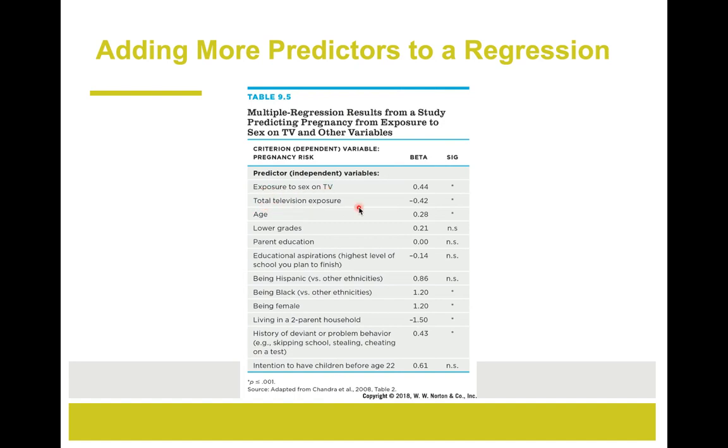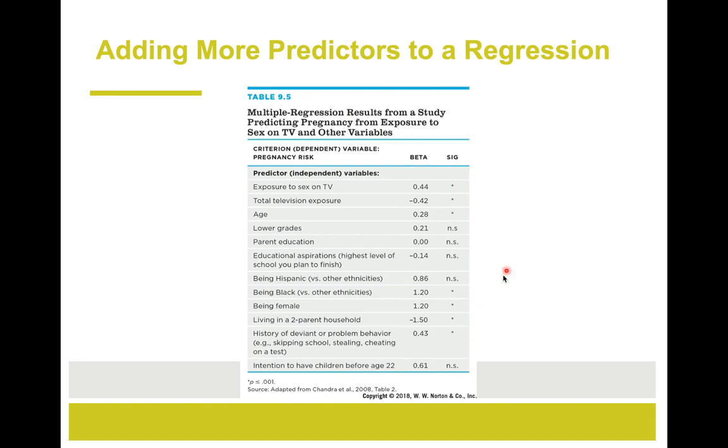We could think of total television exposure, right? Not just sex on TV, but just how much TV do you watch in general? Age, grades, parental education, race, so on and so forth, right? History of deviant behaviors. And so we can throw all of these into the model together, and we can see which ones are judged by the model as being unrelated to pregnancy risk, and which ones are related.